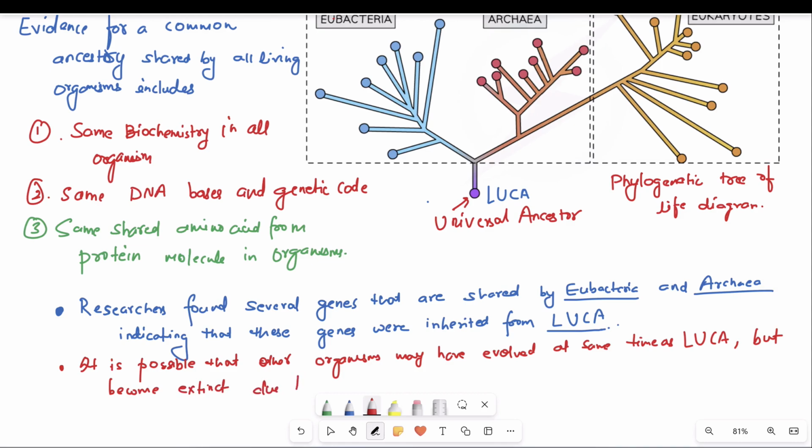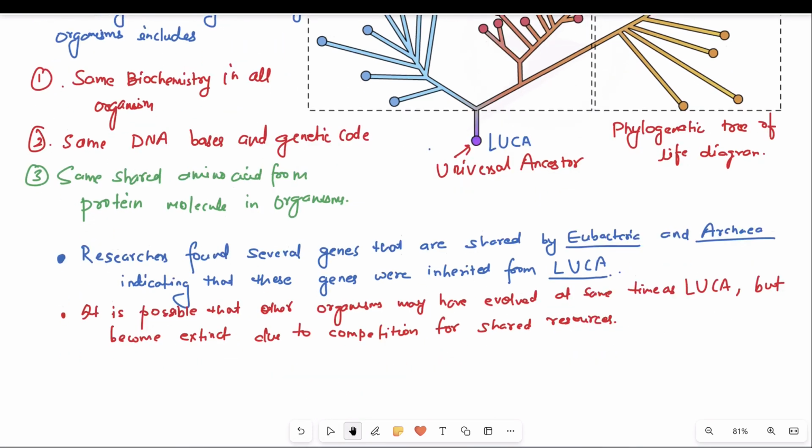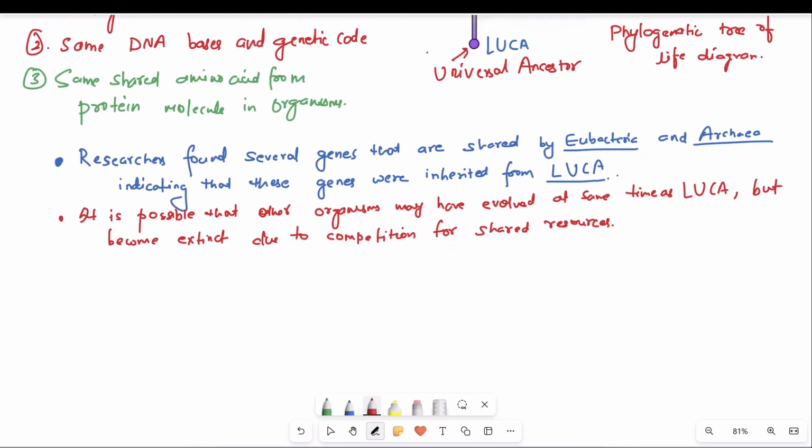Why? Due to competition for shared resources. Right? That is the reason. So researchers also concluded many outcomes that yes, it proves that yes, we all are coming from common ancestor.